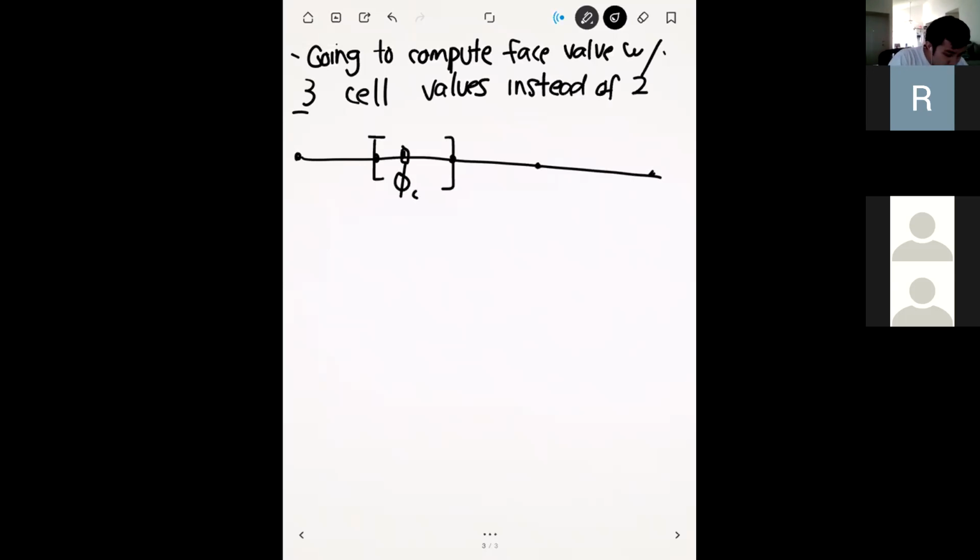So here I've drawn a line, and I've drawn our cell of interest, which, remember, is phi sub c. And let's say that we want to approximate the value of the solution at this nodal point, the interface between phi sub c and some of the other cells. Let me draw some of the other cell values here.